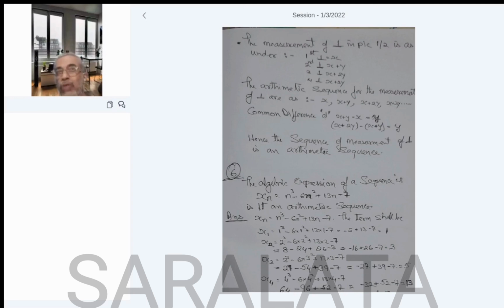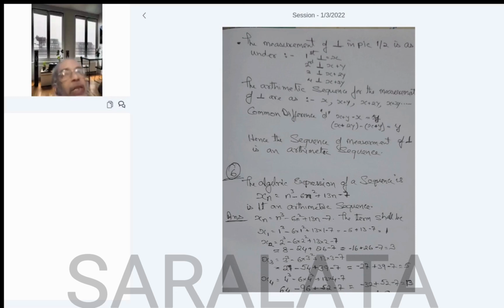That's your sequence, that's your algebraic expression: n cube minus 6n squared plus 13n minus 7. That's the algebraic expression of this sequence.